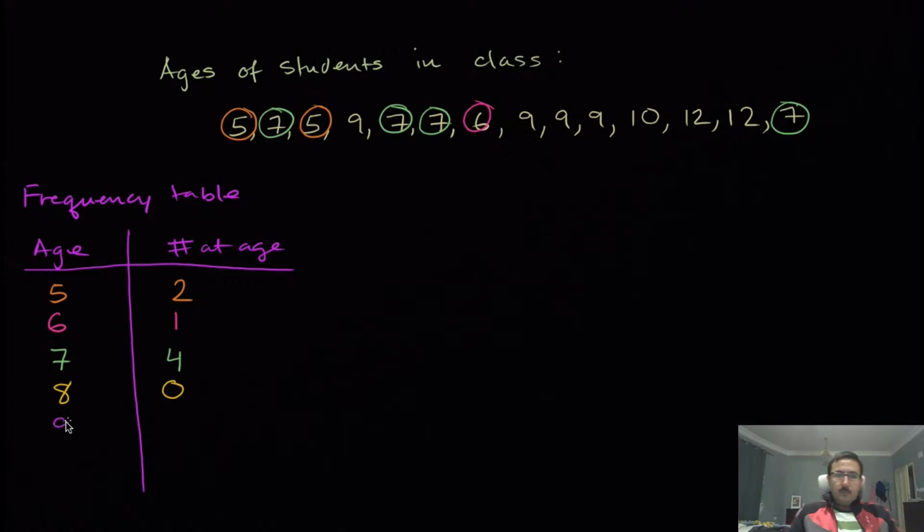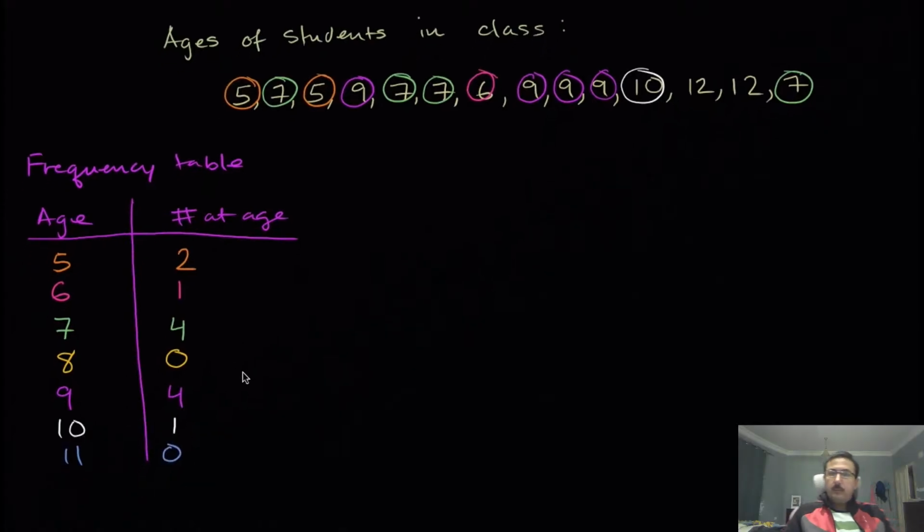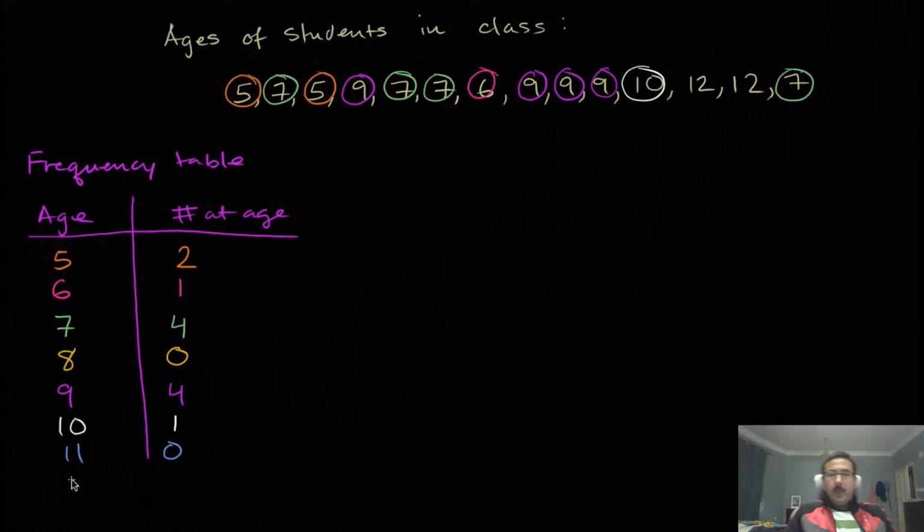We have 1, 2, 3, 4 9-year-olds. 10-year-olds, what do we have? We have 1 10-year-old right over there. And then 11-year-olds, there are no 11-year-olds. And then, let me scroll up a little bit. And then finally, 12-year-olds. There are 1, 2 12-year-olds.